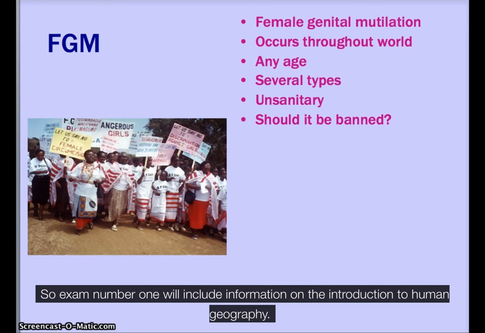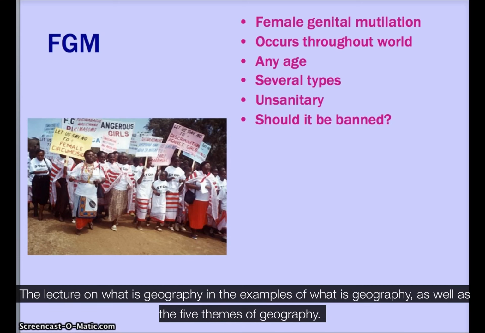So exam number 1 will include information on the introduction to human geography, the lecture on what is geography and the examples of what is geography, as well as the 5 themes of geography.